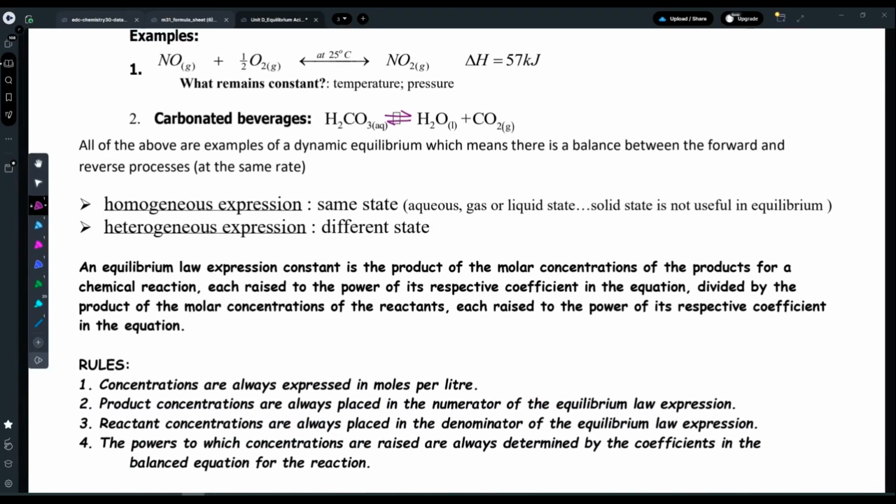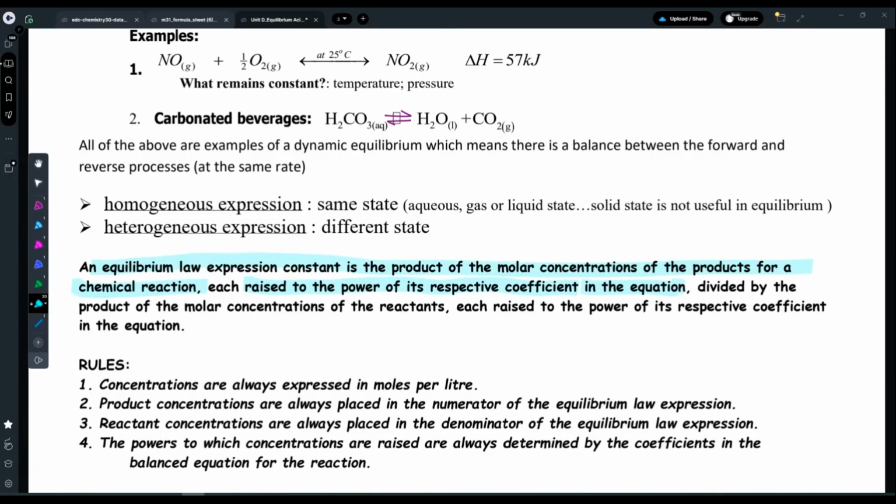Now, moving on to equilibrium law expressions. This is what gives us our equilibrium constant. An equilibrium law expression is the product of the molar concentrations of products for a chemical reaction, each raised to the power of its respective coefficient in the equation, and we are assuming that the chemical equation is balanced.